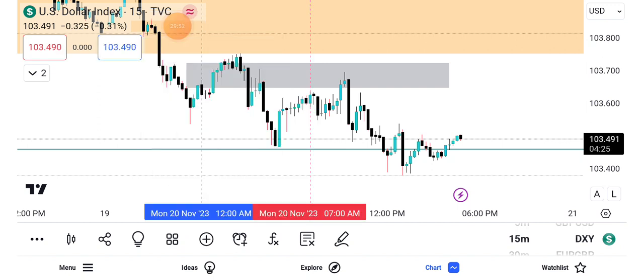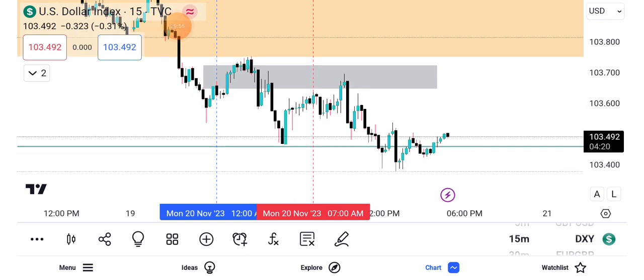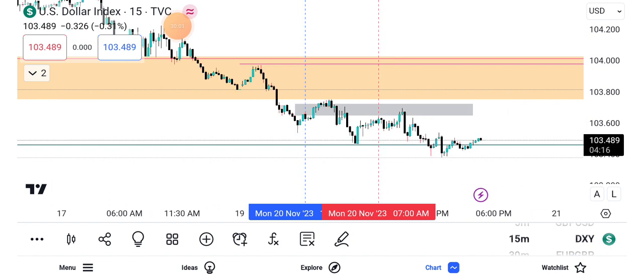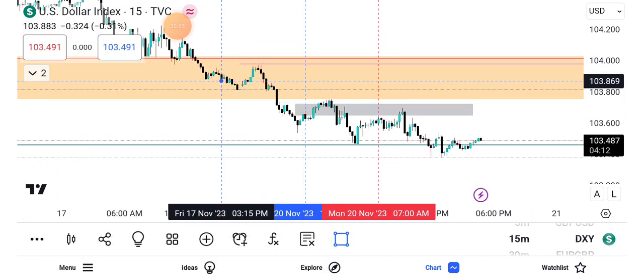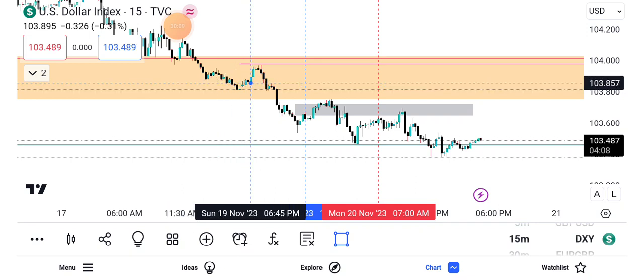The blue line is when the market opened, and the red line is the New York session. So I'll also label my Asian range from 8 p.m.